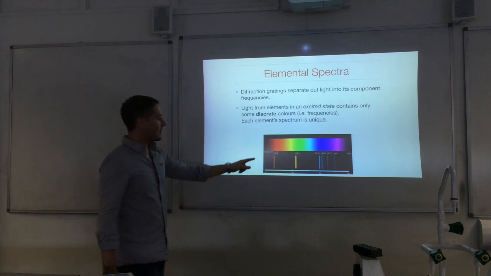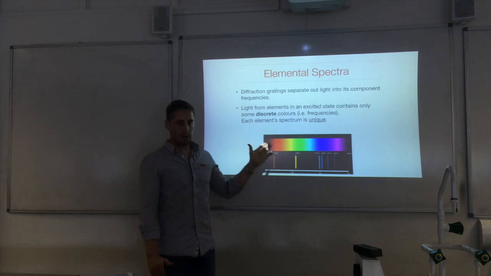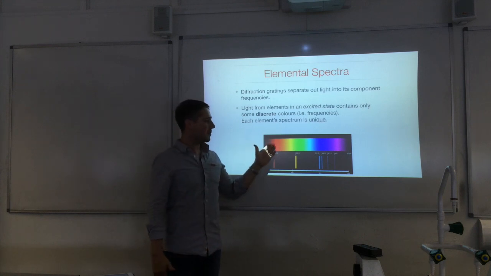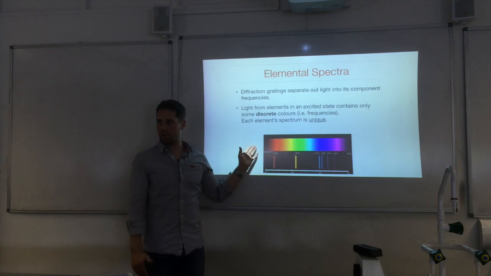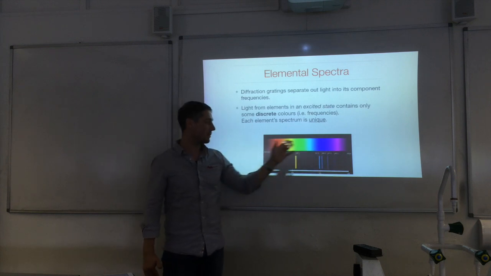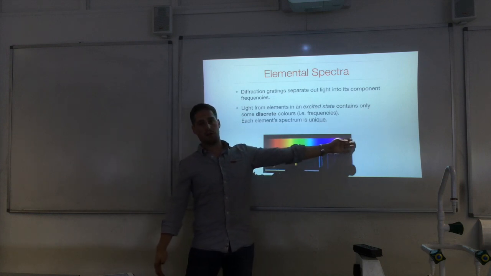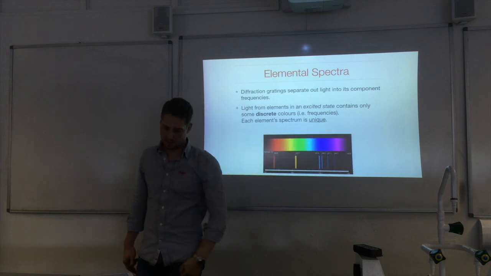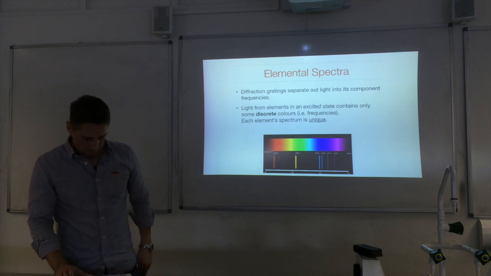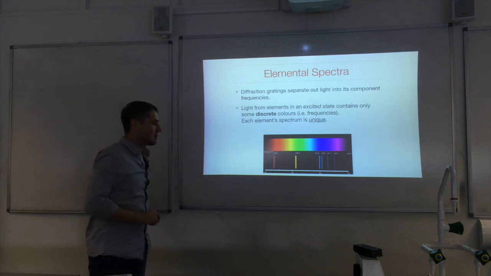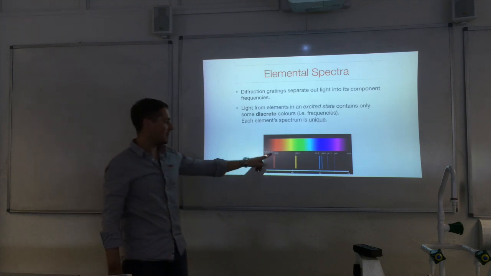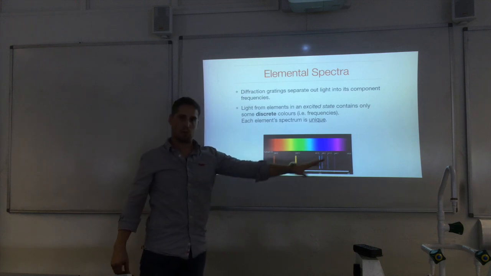So if you took white light and separated that out, you have this continuous range of frequencies present, all the way from darkest red to the darkest violet. You've got everything in there. But these spectra, they're called line spectra because they only have certain wavelengths.